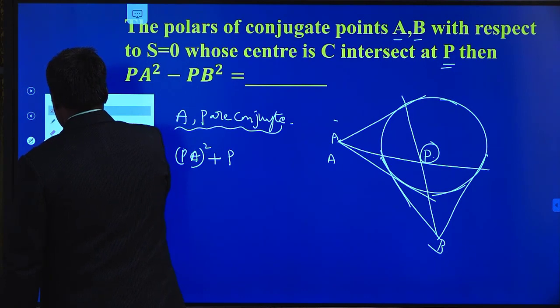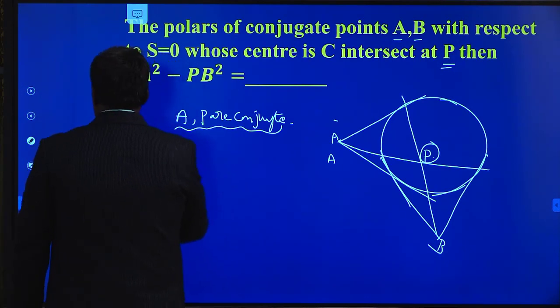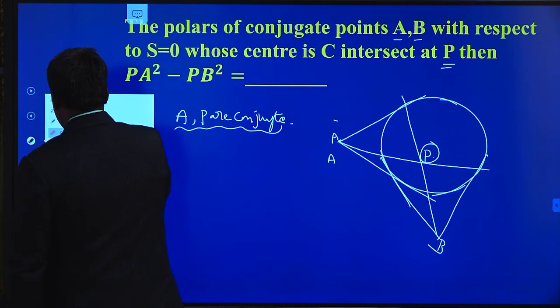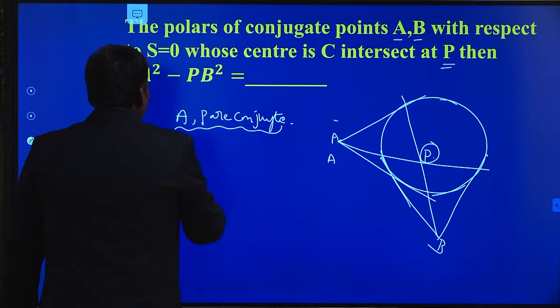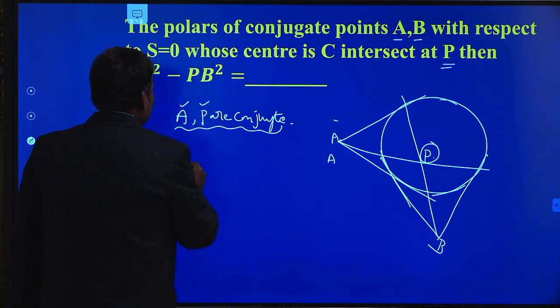These two points are conjugate points with respect to the circle.